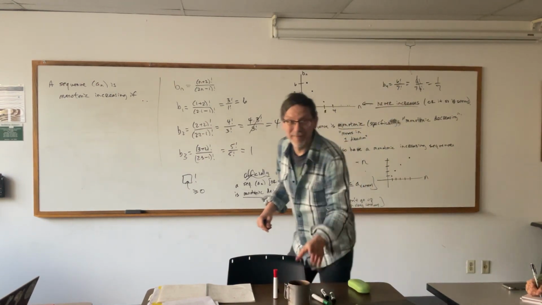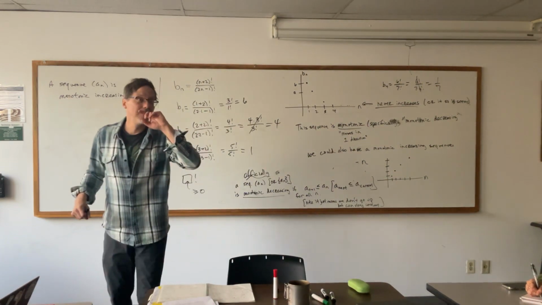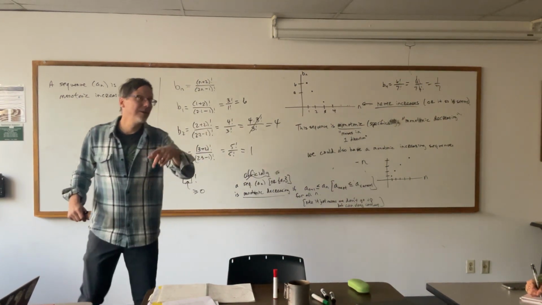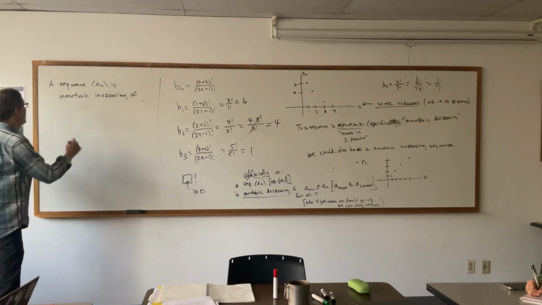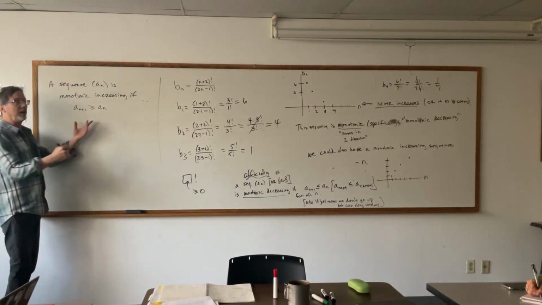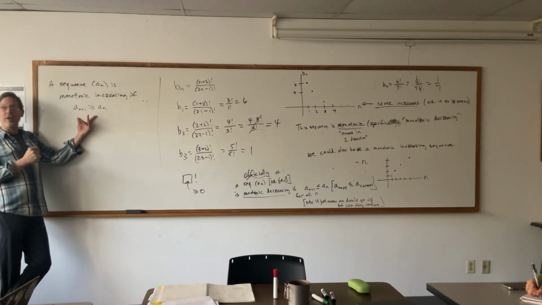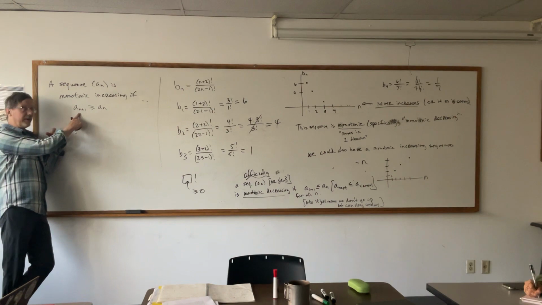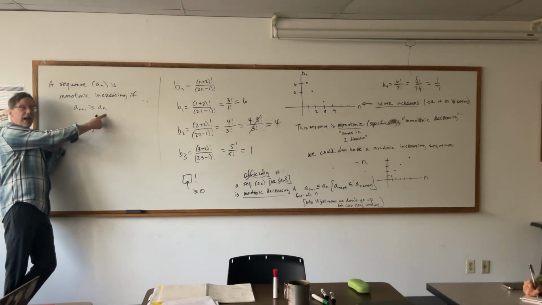Do you think you got it, Gabe? Or you got a question? I think I got it. Okay. A sub n plus 1 is greater than or equal to a sub n. What do we think of Gabe's hypothesis here? Looks good to me. Basically, a sub next is greater than or equal to a sub current.